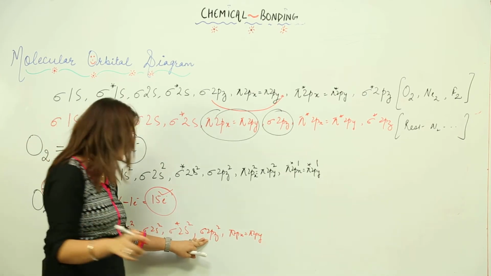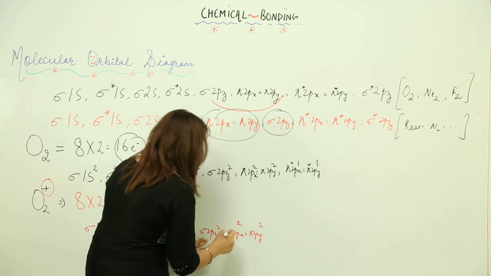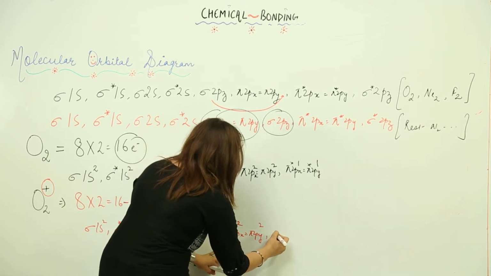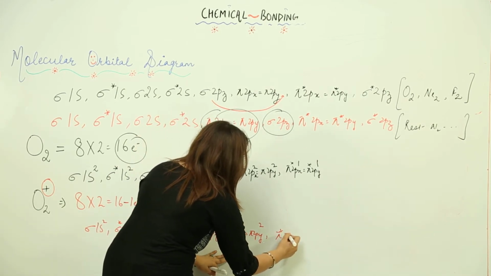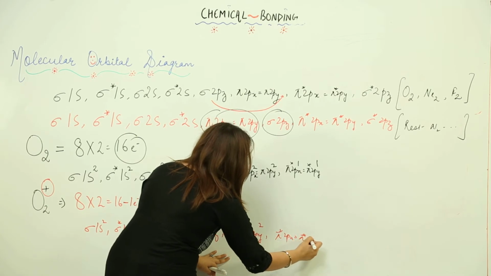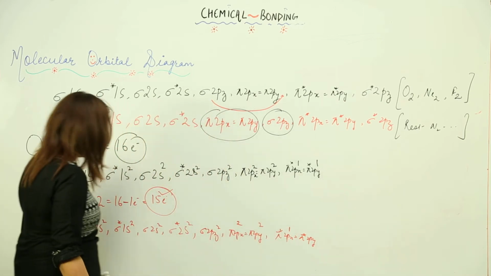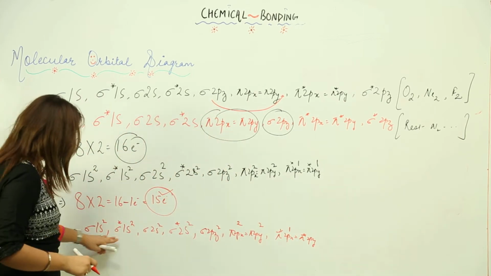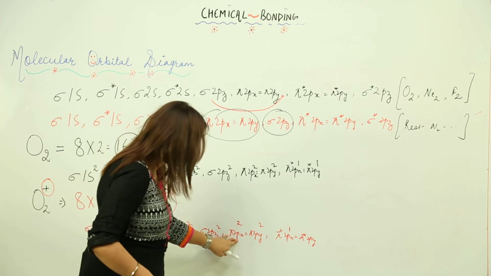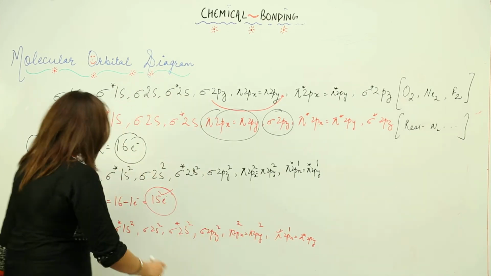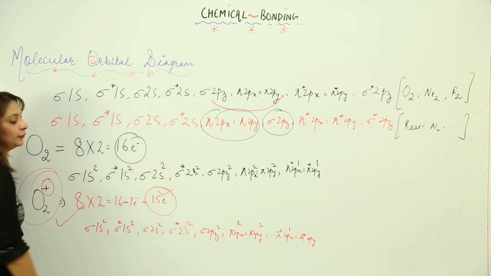We are left with 5. So we can fill 2 and 2, and now we have only 1 electron left. In which orbital will you be filling 1 electron? Obviously in the first one. So again let's check it out. 2, 4, 6, 8, 10, 11, 12, 13, 14 and 15. So this is my electronic configuration for this ion.